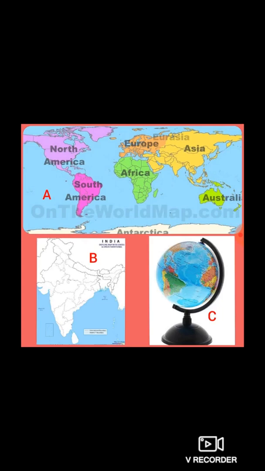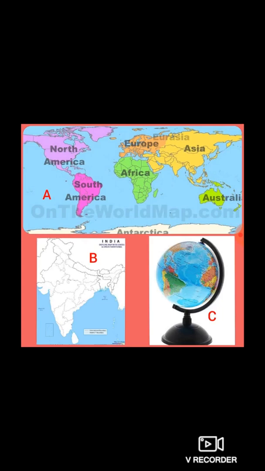Which device is flat? Correct, figures A and B are flat, meaning the map of India and the world map are flat. Which device is spherical? The globe is spherical, so you write the answer globe.